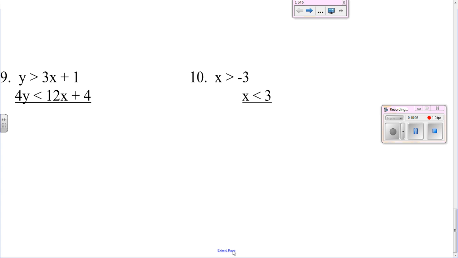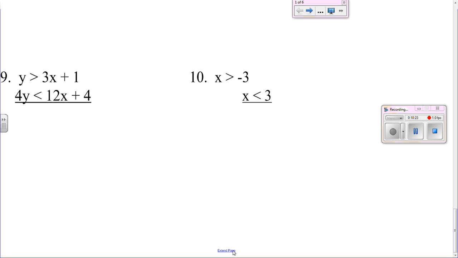Number 9, y is greater than 3x plus 1. So you're going to go up 1, make a dot. Then from there, go up 3 and right 1, make another dot. It's going to be a dotted line, and you shade above it.